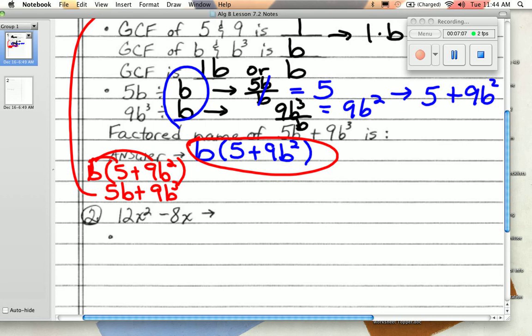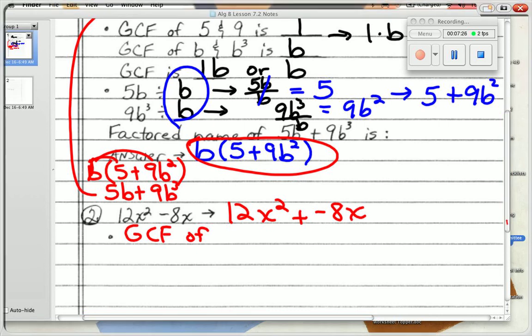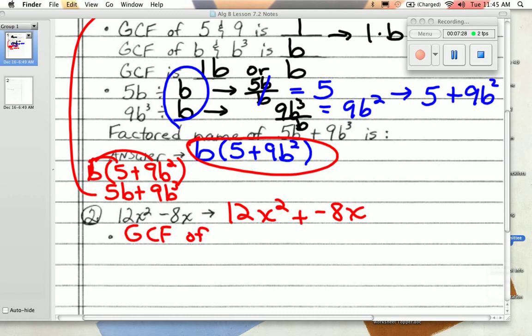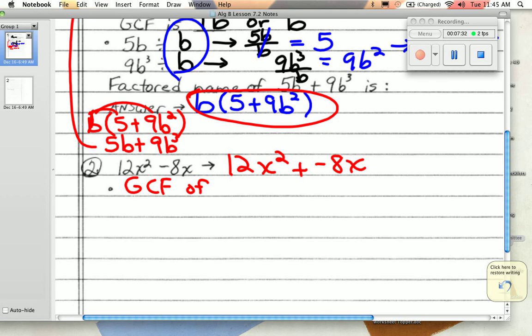Okay. So the first thing we're going to do is remember we're going to find the GCF of these two terms. Do you add the opposites on these ones? Okay, yes, that's exactly what my arrow is there for. 12x squared plus negative 8x. Okay, so we're going to find the GCF of both of the parts of this.